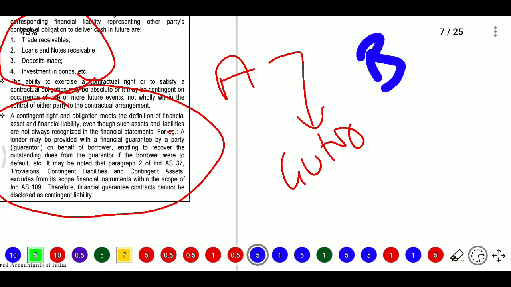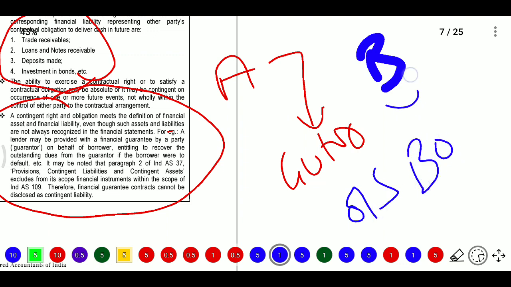He is the guarantor, so he gave one guarantee on behalf of this borrower, entitling the lender to recover outstanding dues from the guarantor. So when the borrower is not paying, the bank will get that amount from the guarantor.